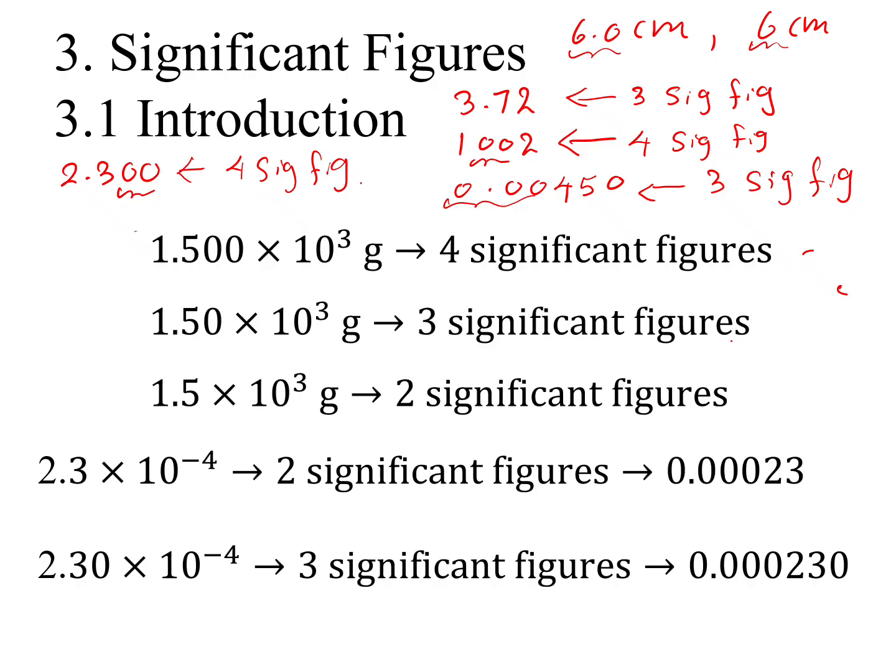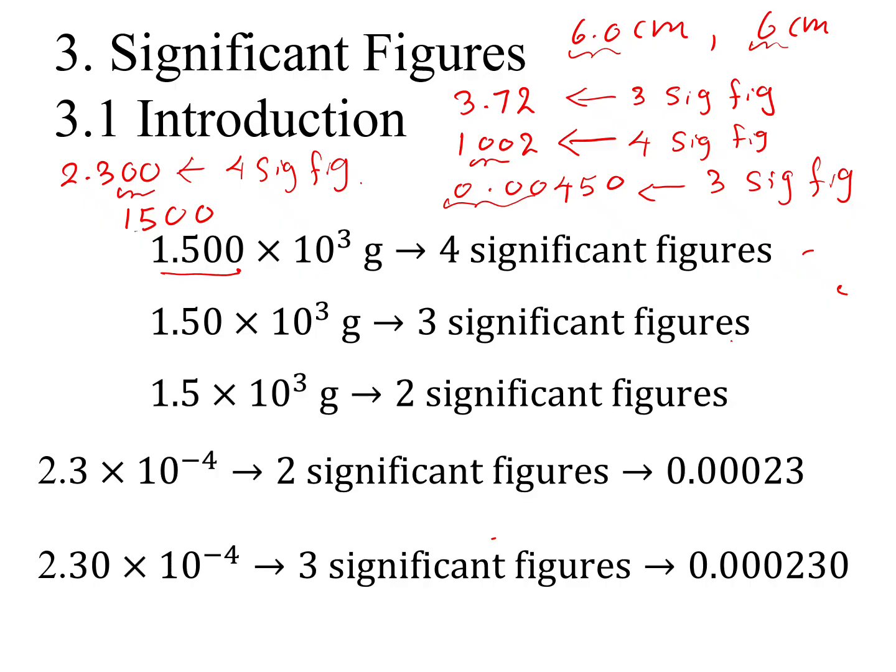Now the fifth rule is trailing zeros in a whole number without a decimal are ambiguous. That means it can have several different numbers of significant figures. As an example, take the number 1500. If you write it in scientific notation, 1.500 times 10 to the power 3 tells you we have four significant figures.